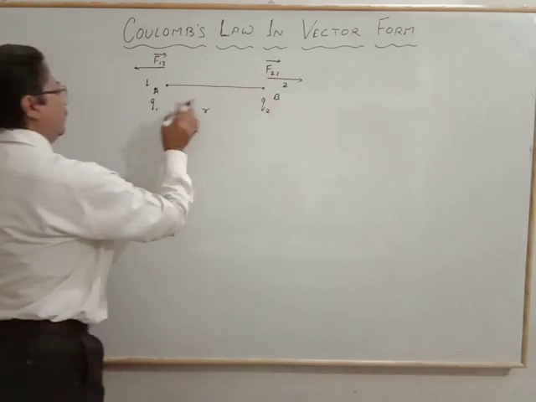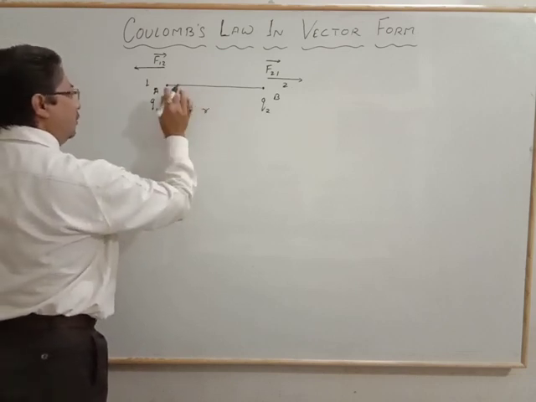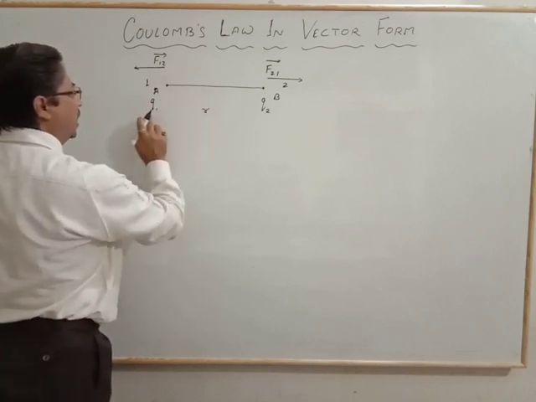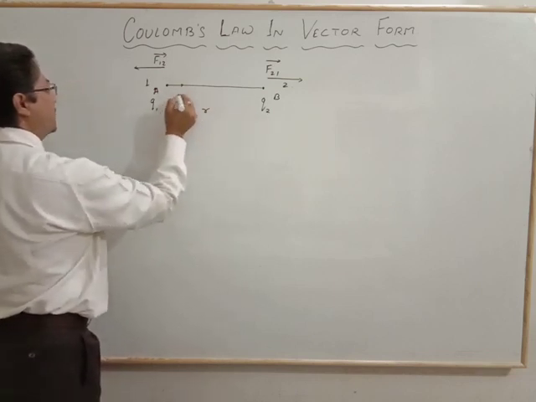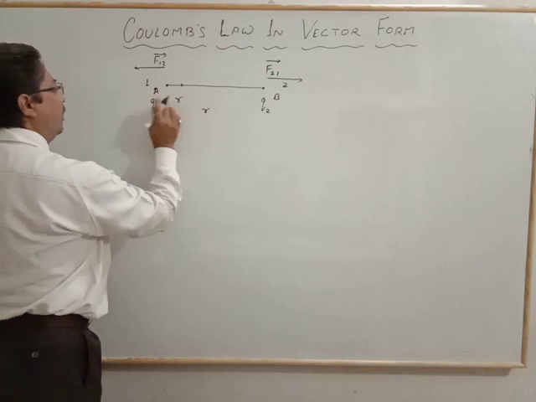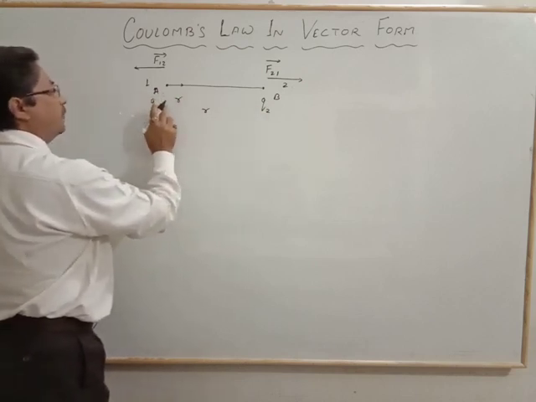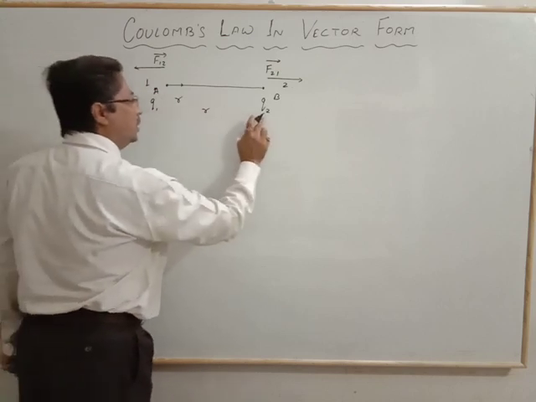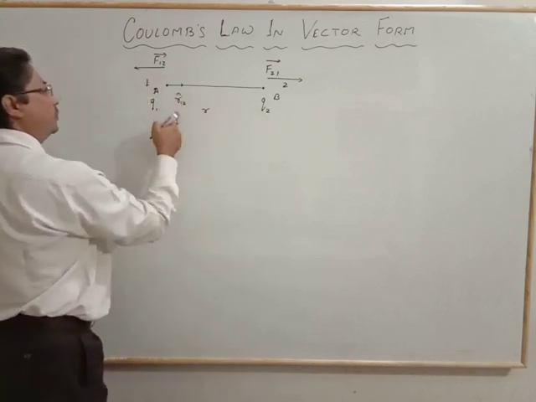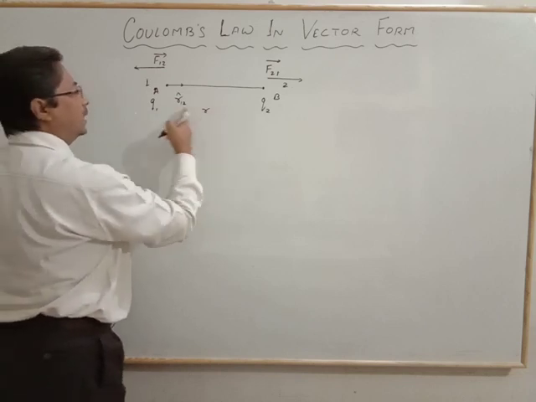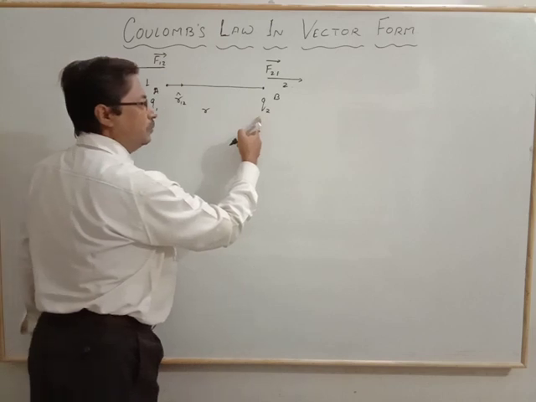Now for the vector, there is the distance between the two charges Q1 and Q2. So the unit vector is represented as r from 1 to 2. That means the force acts from charge Q1 to charge Q2. That is the unit vector, and its direction is from Q1 to Q2.